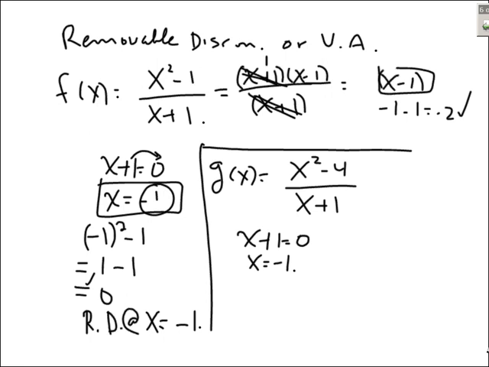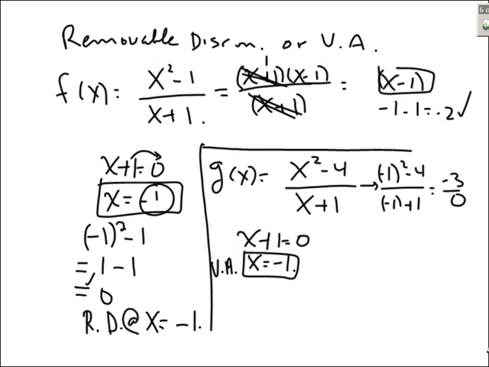When you plug in negative 1, you get negative 1 squared minus 4 over negative 1 plus 1, which is negative 3 over 0. Okay, this value, this is a vertical asymptote because it made the bottom 0 but not the top. You have a vertical asymptote at x equal negative 1.